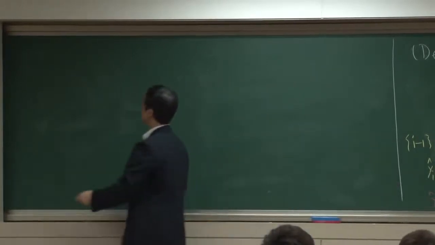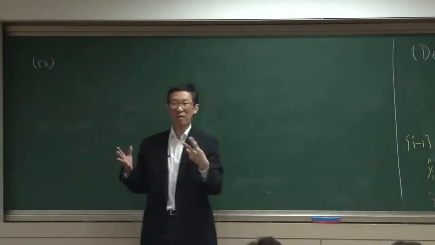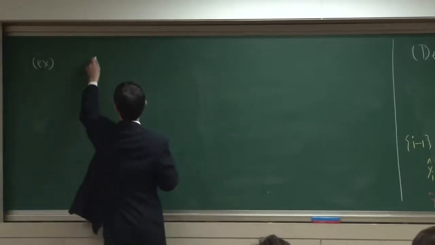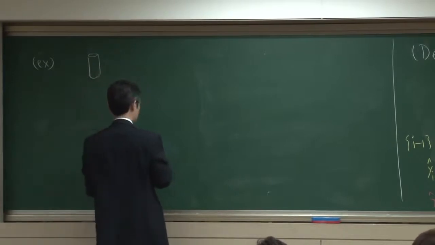So let's start with a 3-revolute joint example. So there's one.